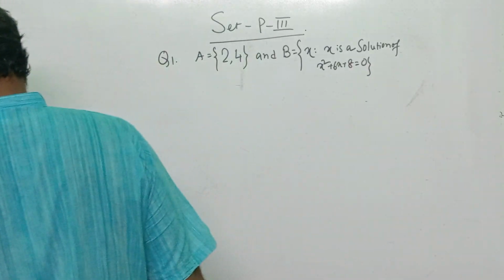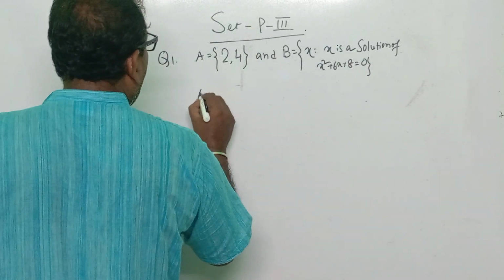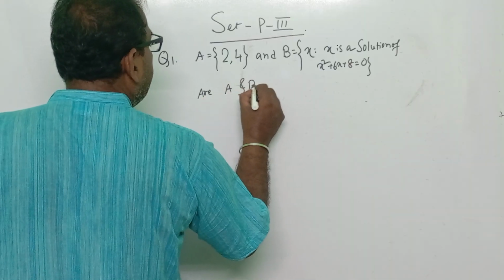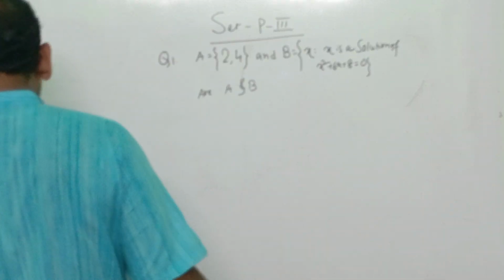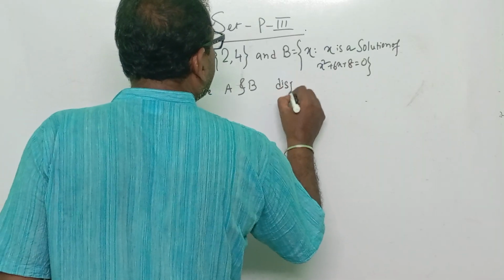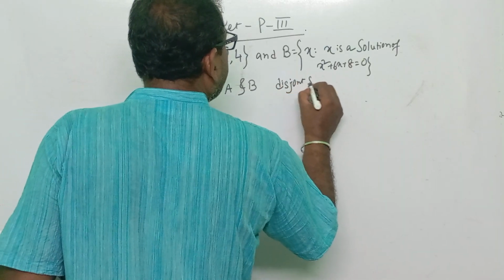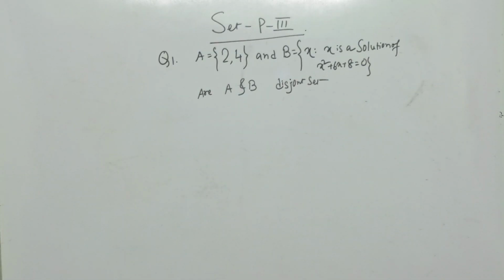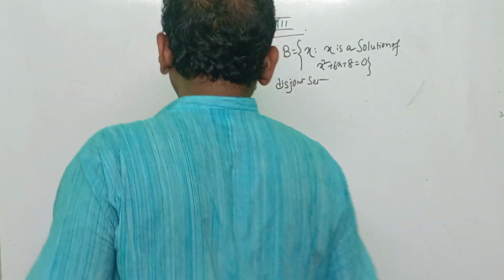Now the question is: are A and B disjoint sets? No answer.